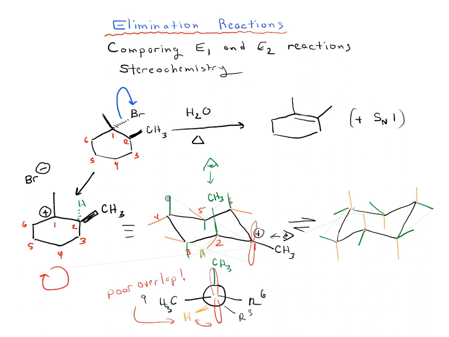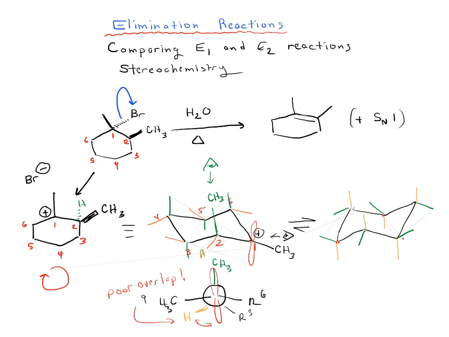Notice how our green axial become equatorial and our orange equatorial become axial. And we can number this. One thing we have to make sure of is that carbon 2, which was axial green, now needs to be equatorial green. So we can make it either here, or here. So let's do it here.